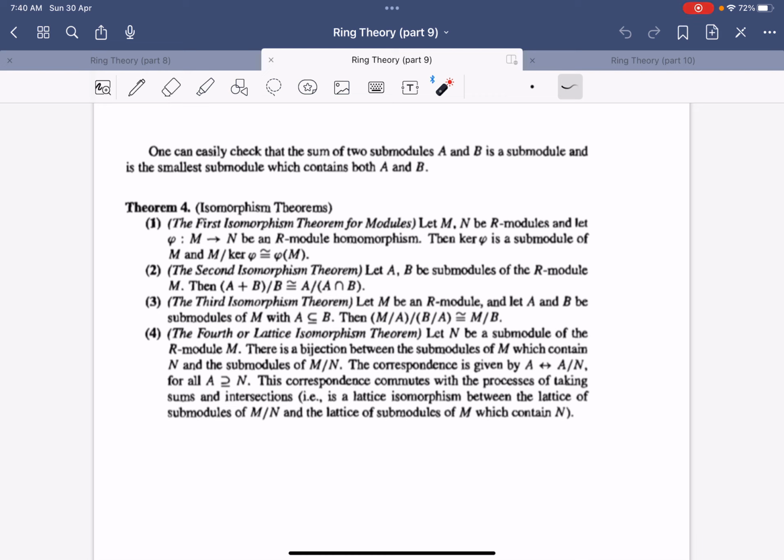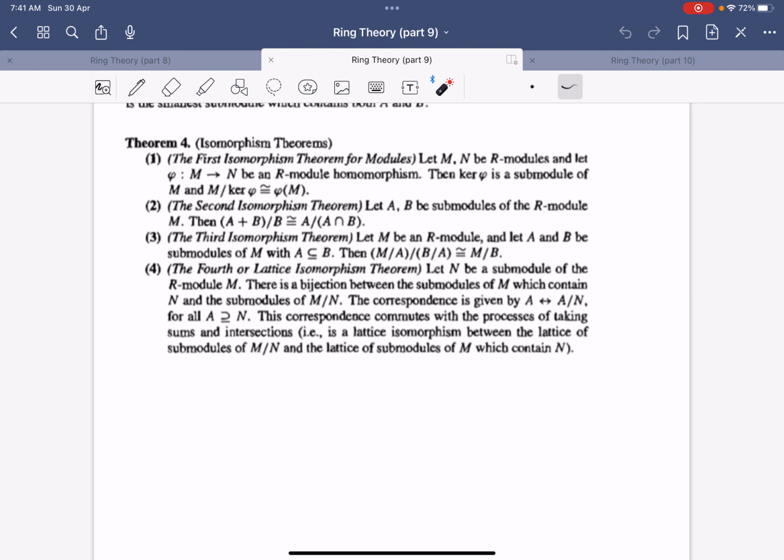The third one is that if you quotient A by A, with A in the numerator and the denominator, it is the same. And the fourth one gives us a bijection between the submodules of M containing N and the submodules of M divided by N.